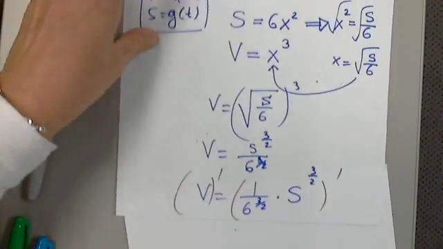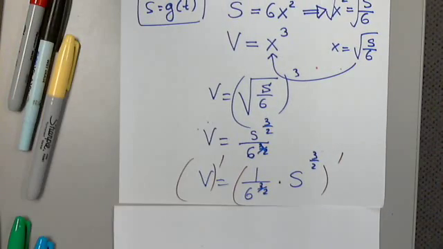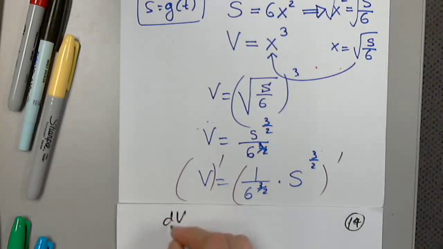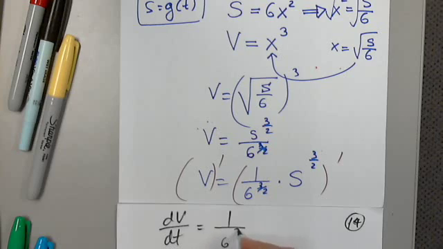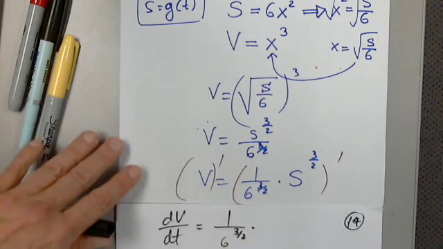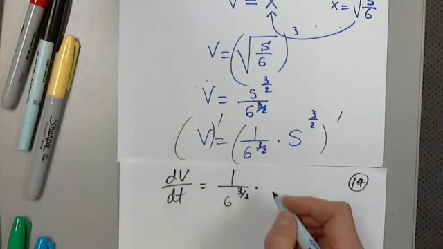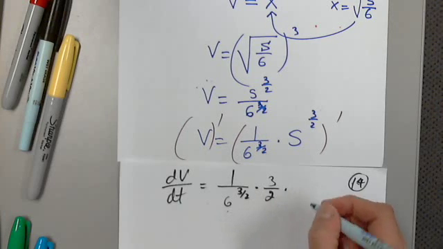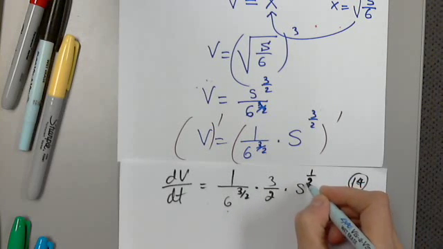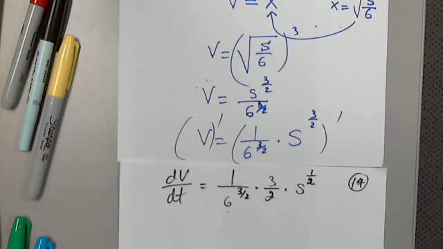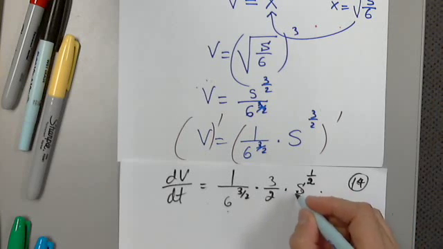Okay, so the left-hand side will be, obviously, dV over dt. The right-hand side is 1 over 6 raised to 3 halves multiplied by 3 halves indeed, times s to 3 halves minus 1, which is 3 over 2 minus 2 over 2, times ds over dt.